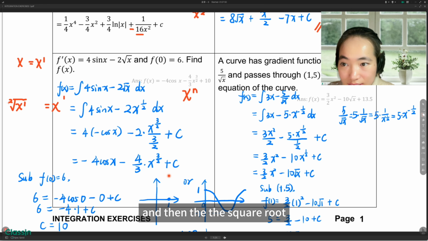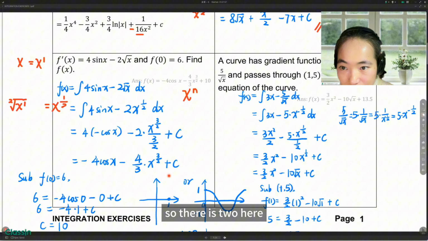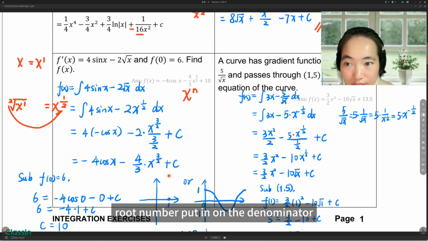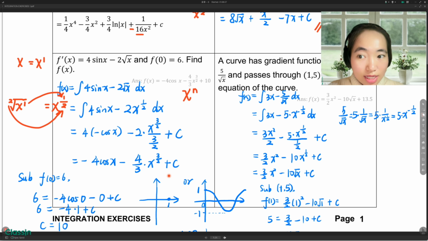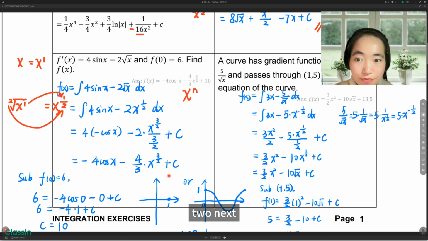And then the root number on the denominator. So there is a 2 here. Root number put it on the denominator. And the power will be the numerator. Okay. Understand? So square root x equals x to the power 1 over 2.